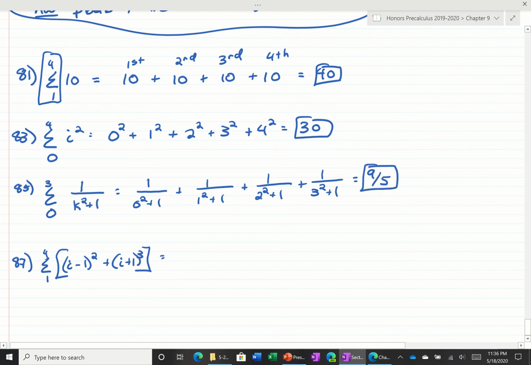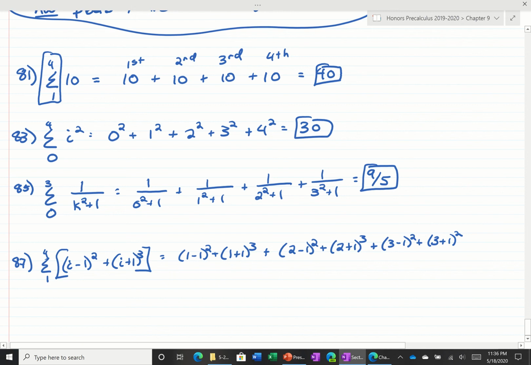This last one, it's a little scary looking, but we're going to start at 1 and go up to 4. So we're going to have 1 minus 1 squared plus 1 plus 1 to the third. We're going to put 2 in. Then we're going to put 3 in. Let me just make sure I wrote it down right.